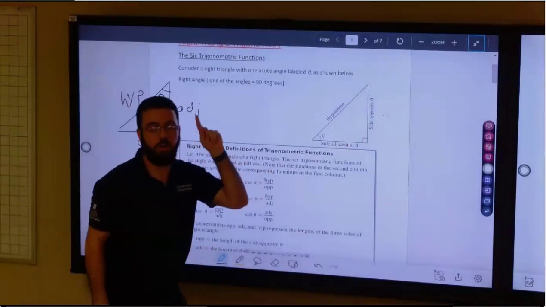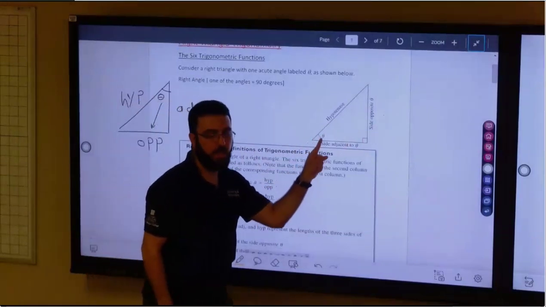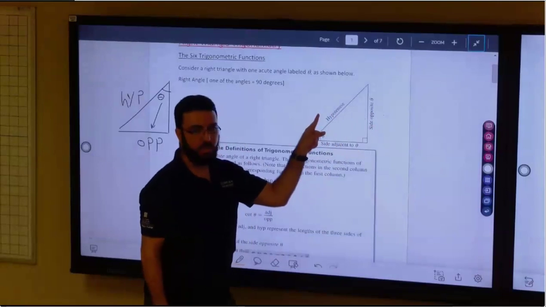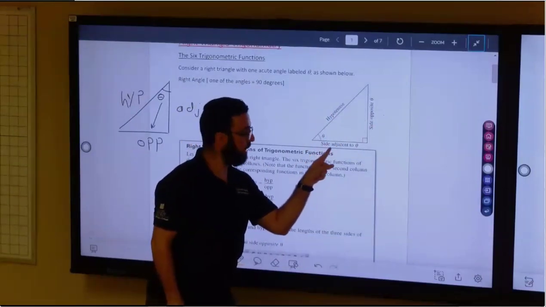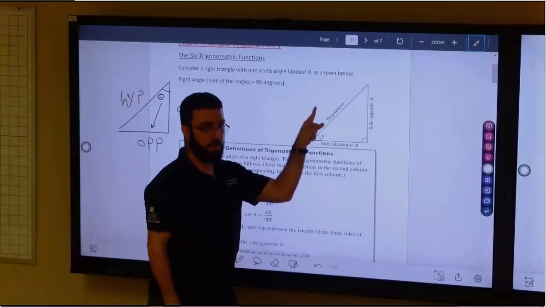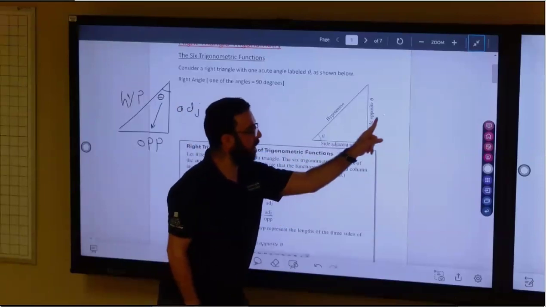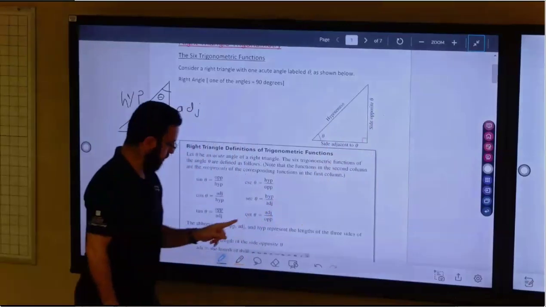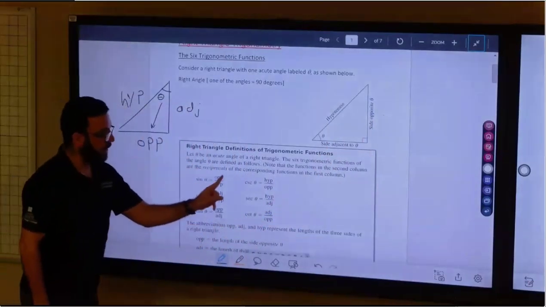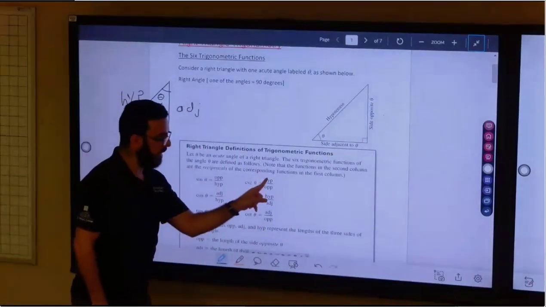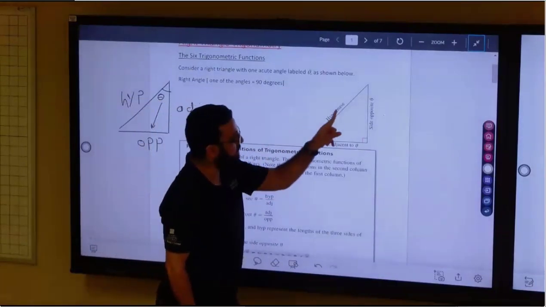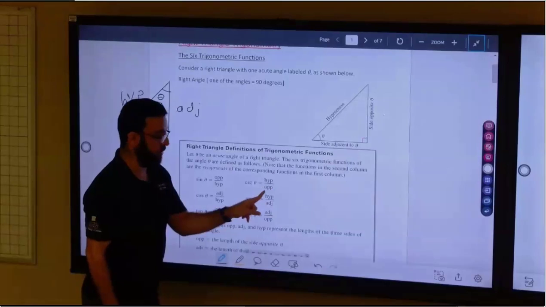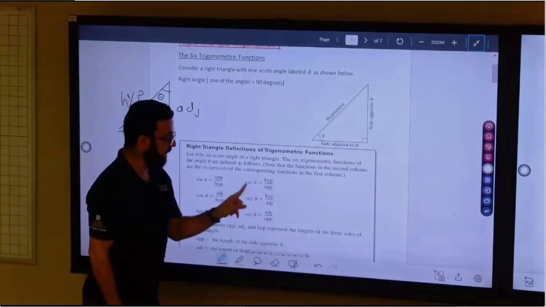So I already know the sine for this theta is opposite divided by hypotenuse. Cosine is adjacent by hypotenuse. Tangent is opposite over adjacent. Cosecant is hypotenuse divided by opposite.